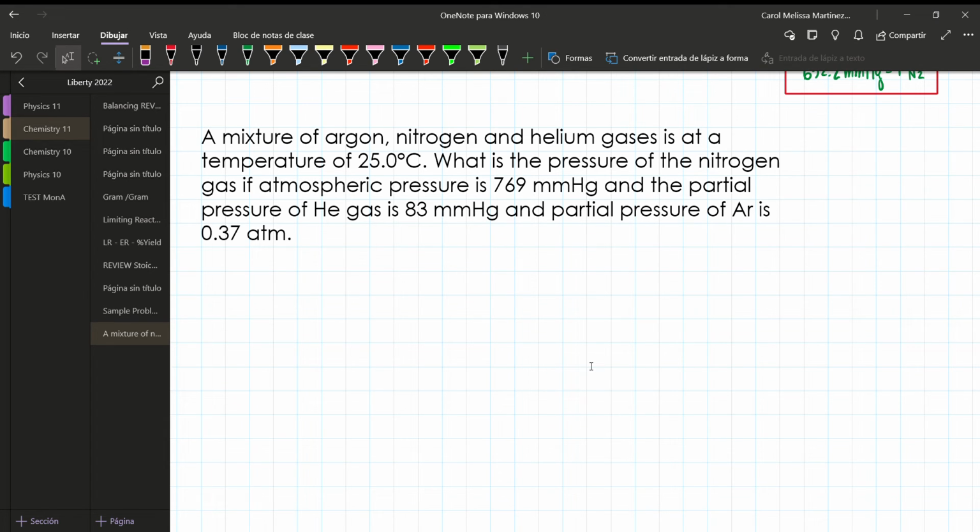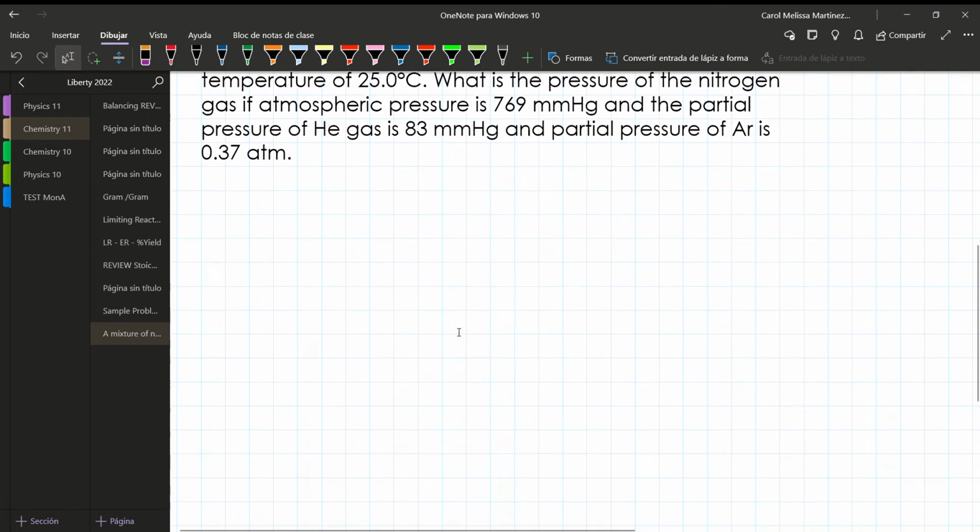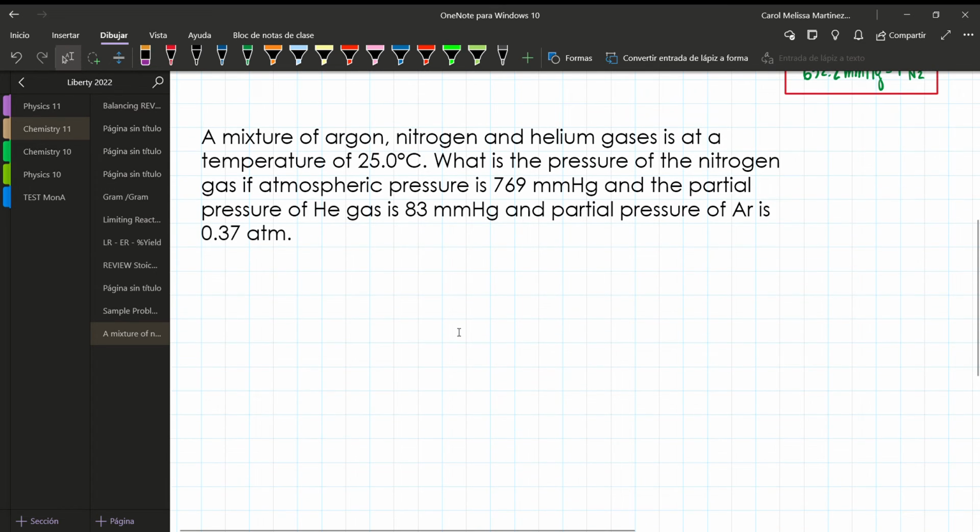So, how many gases do I have in this mixture? Argon, nitrogen, helium. Okay? So I have 3 gases.